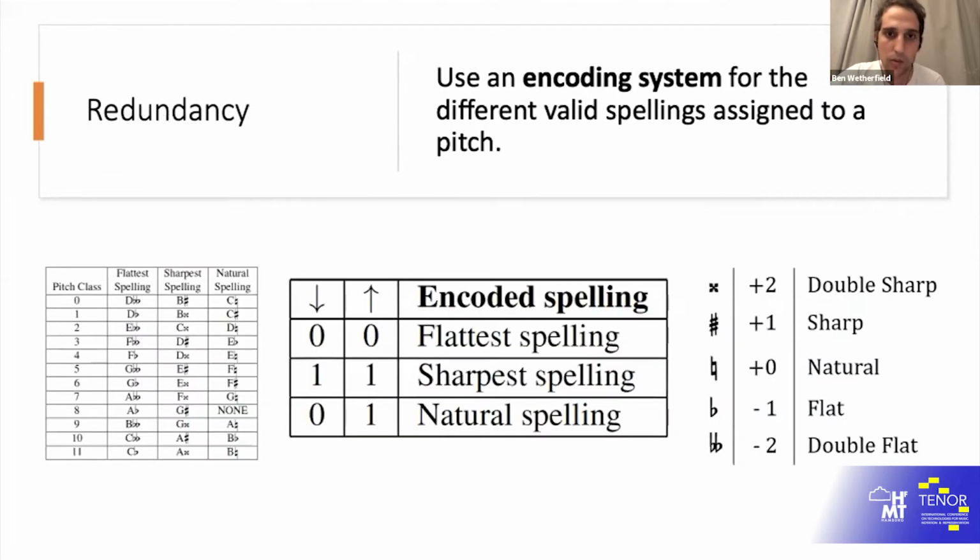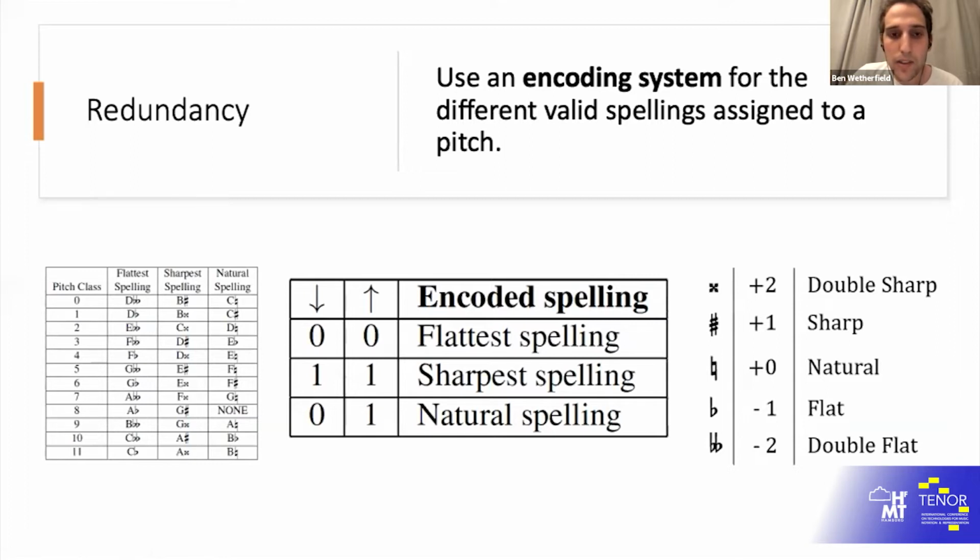And for reasons that will become clear, we need some kind of encoding system for describing the various enharmonic options we have for each pitch. I've done this with two binary variables, so they can be 0 and 1.